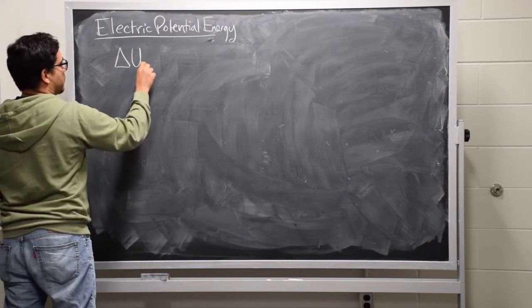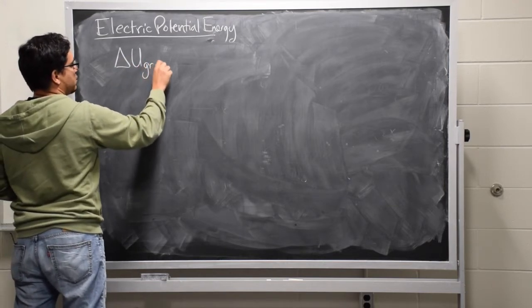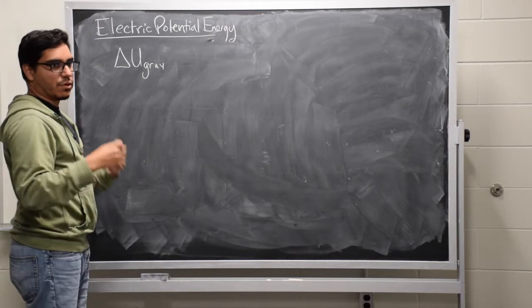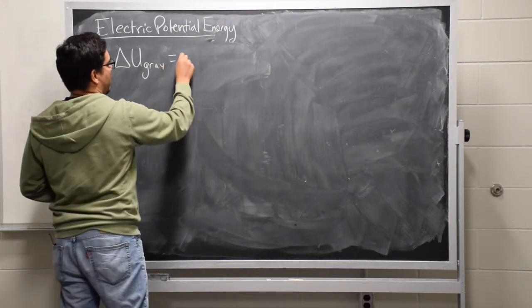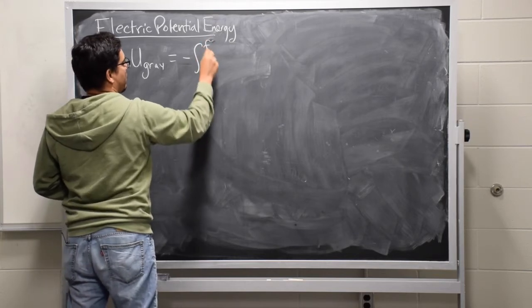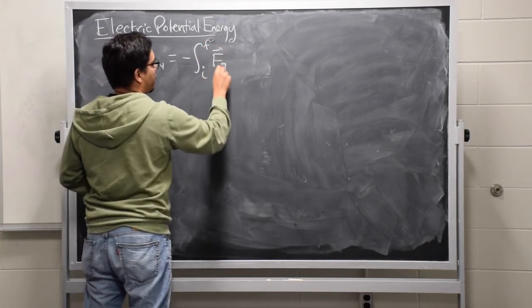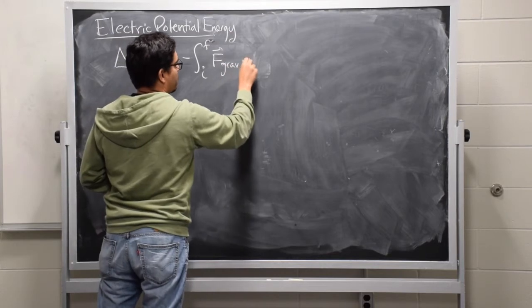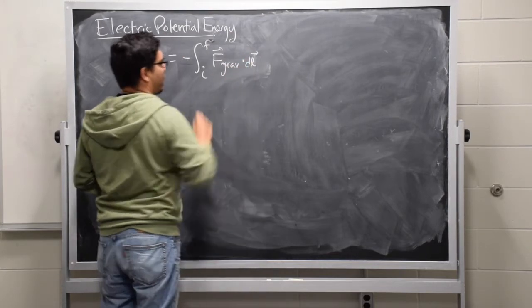So in terms of the gravitational potential energy and how that changes in going from taking a mass from one location to another, what you have is minus the integral from the starting location to the final location of the gravitational force dotted into the path that it takes.